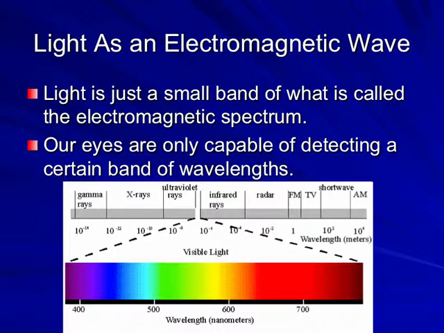We can see from like 380 to 780. So we don't see even a 10 to the 3rd. We're seeing an extremely small deviation of the electromagnetic spectrum.